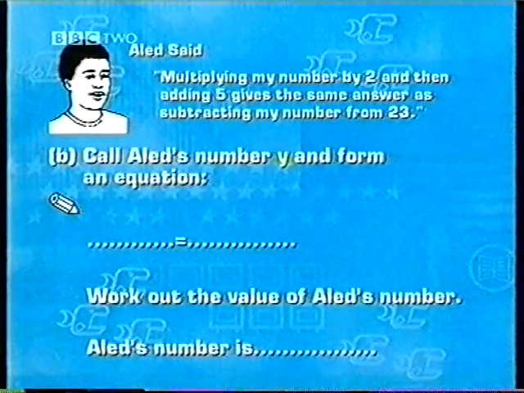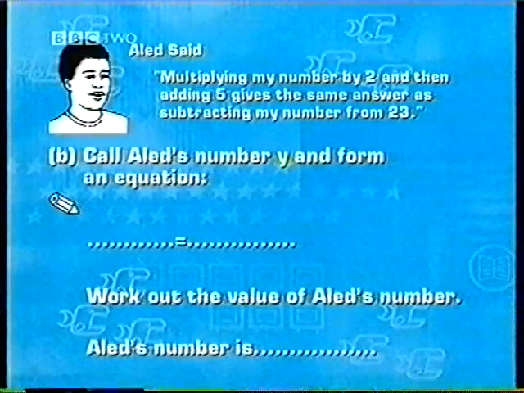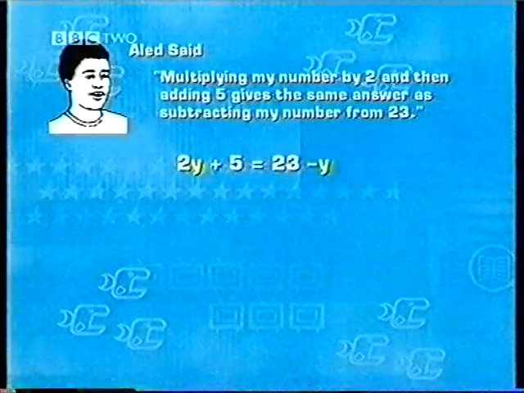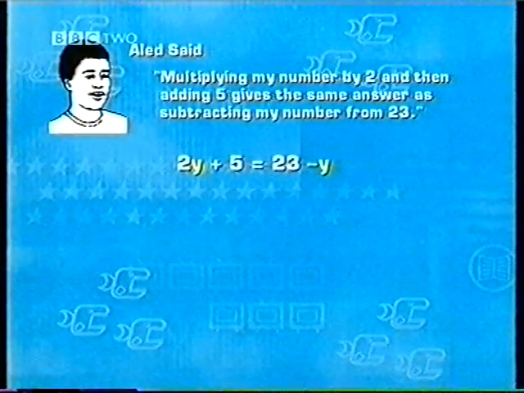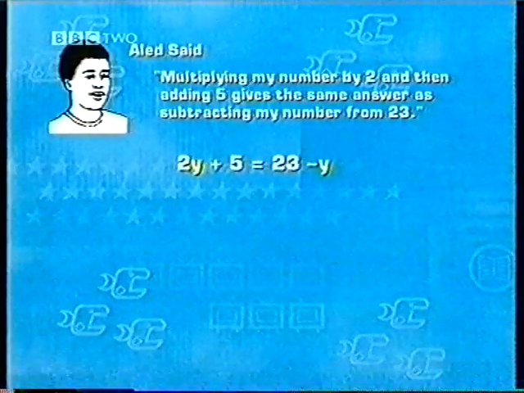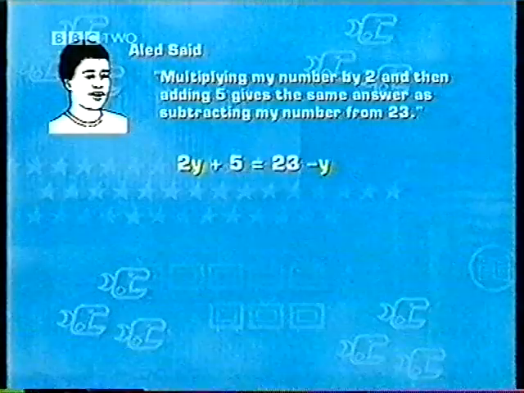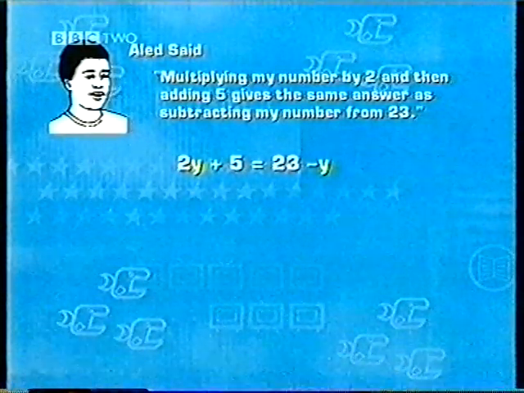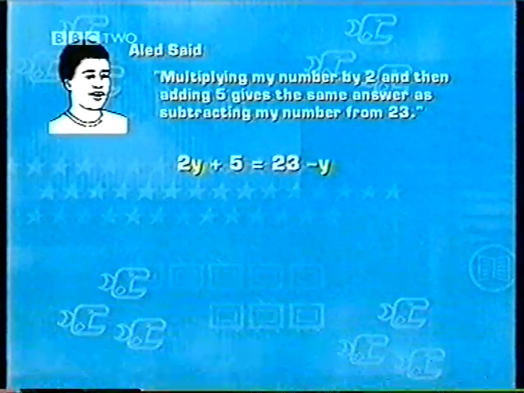Going by the statement you're given, taking the number y, multiplying by 2 and adding 5 would be 2y plus 5. This gives the same answer as subtracting the number from 23. So take 23 and subtract y. 23 minus y. So the equation is 2y plus 5 equals 23 minus y.